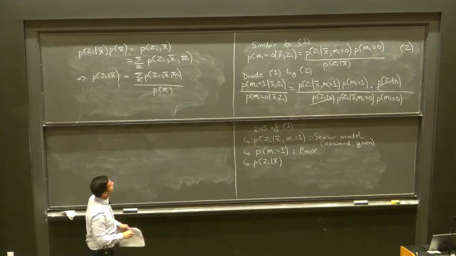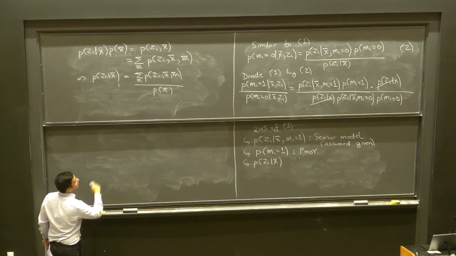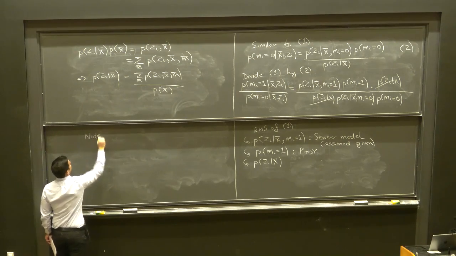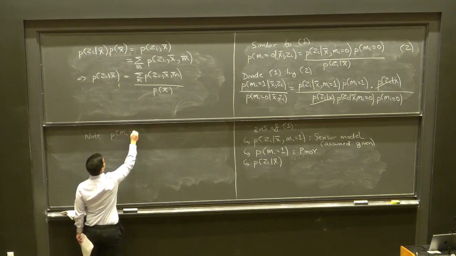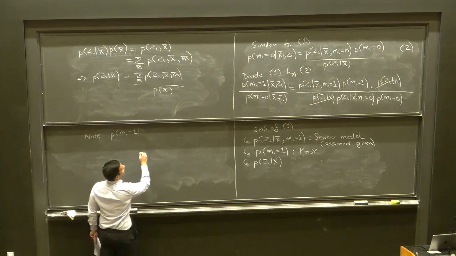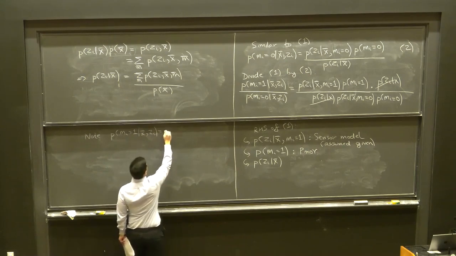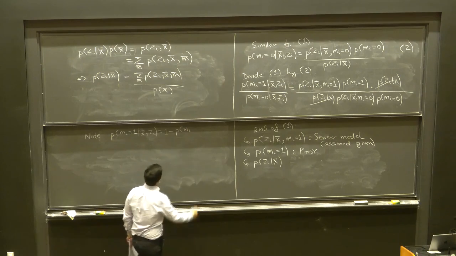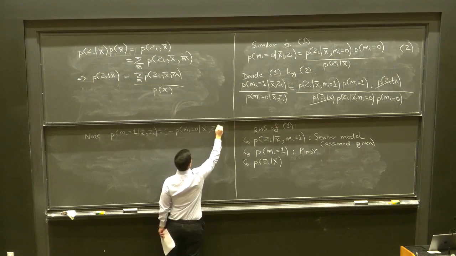There's just one more step before we wrap up this description. If we look at the left-hand side of that equation, the probability that mi equal to 1 given x and zi is equal to 1 minus the probability that mi equal to 0 given x and zi.